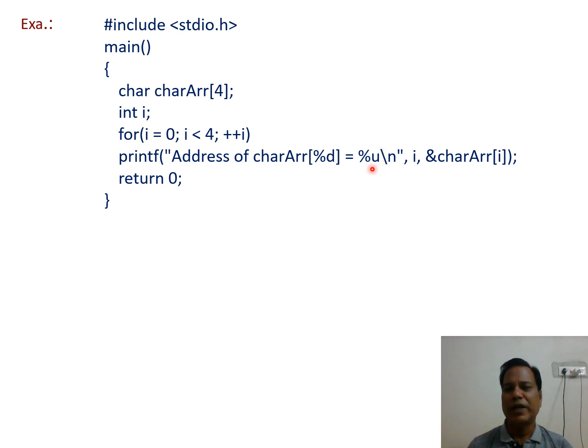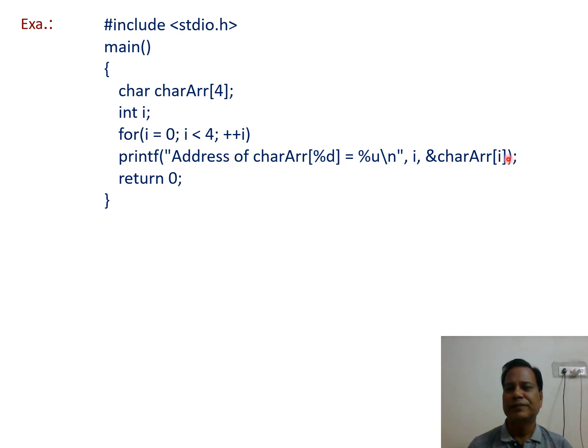So here again, %u is used for printing the address of the first character. So ampersand char[i], what is the address of this first element of the character array, that is printed here. So in this way all the addresses corresponding to each character get printed by this printf statement.